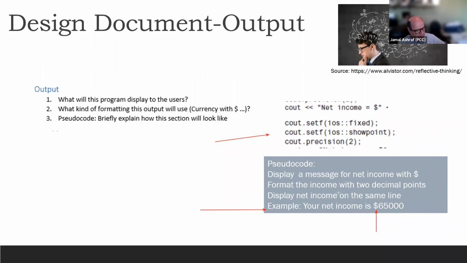You are calculating tax based on 65,000, but I meant to put 60,000 or 75,000. So they're going to run the program again and put in the correct one. But we have to put those things in to be more user friendly.